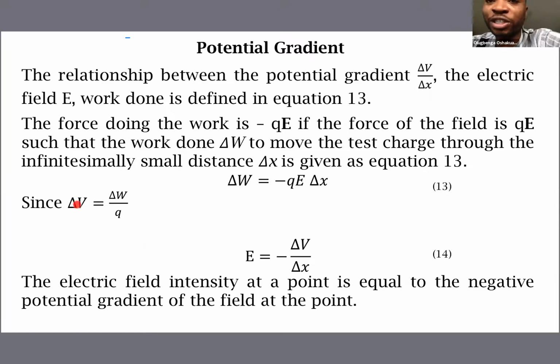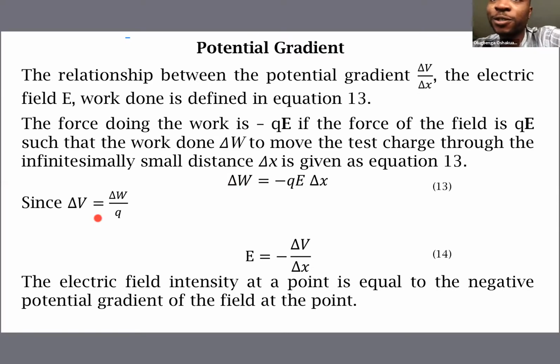This is change of potential, change of work over Q. From this 13, we can have 14 easily by replacing delta W with Q dV.